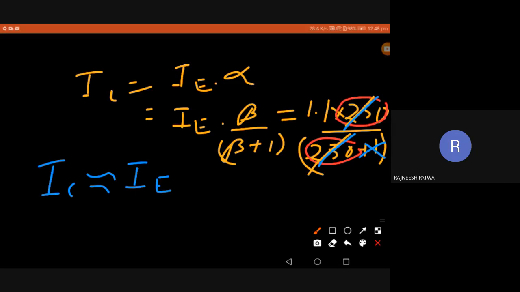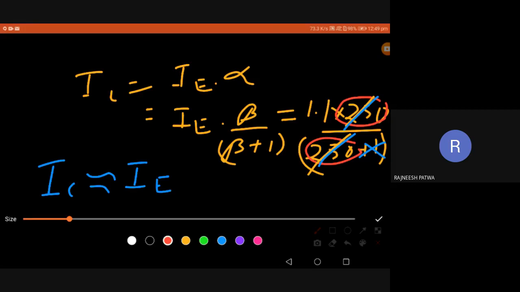Although there will be slight variation, even in exam questions you can write IC approximately equal to IE, because this is usual practice. Beta is very high, 250, 300 or some value, so it doesn't make much difference or much error in this calculation. And this helps us increase the speed of calculations also. So for all practical purposes, we can take IC approximately equal to IE.